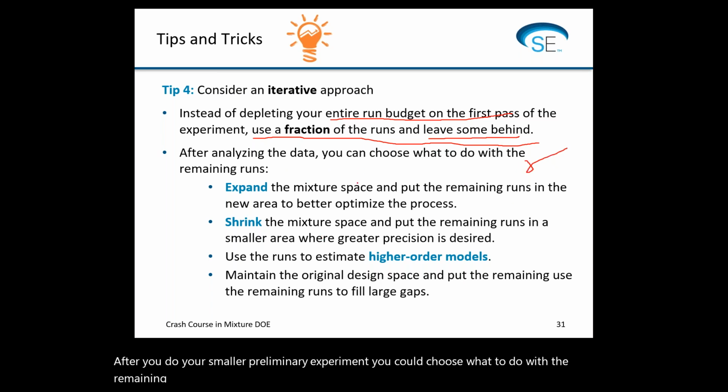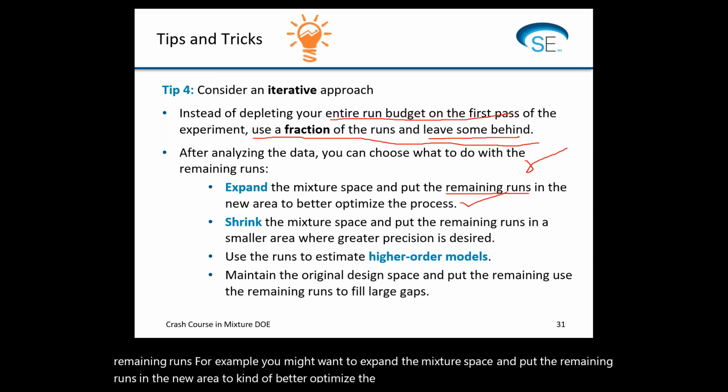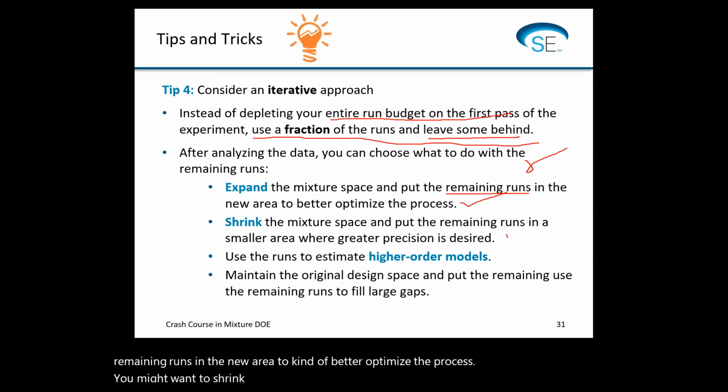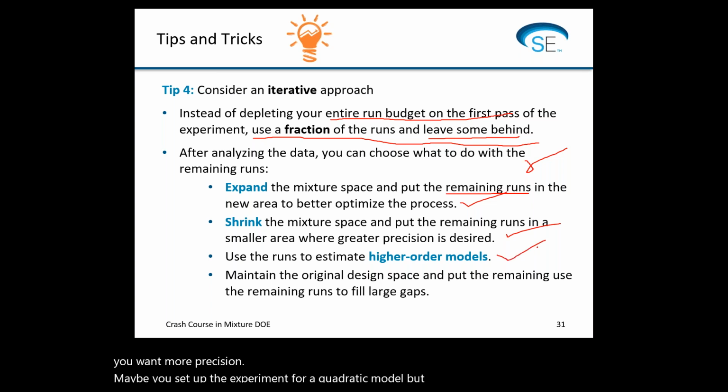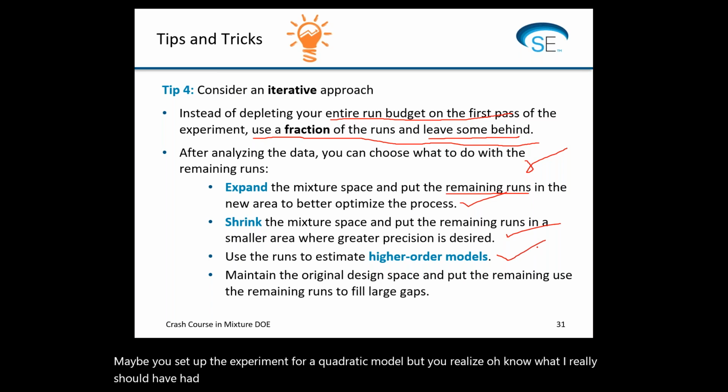For example, you might want to expand the mixture space and put the remaining runs in the new area to better optimize the process. You might want to shrink the mixture space and put the remaining runs in a smaller area where you want more precision. Maybe you set up the experiment for a quadratic model, but you realize, you know what, I really should have had a cubic model. You could use the runs to estimate higher order models.